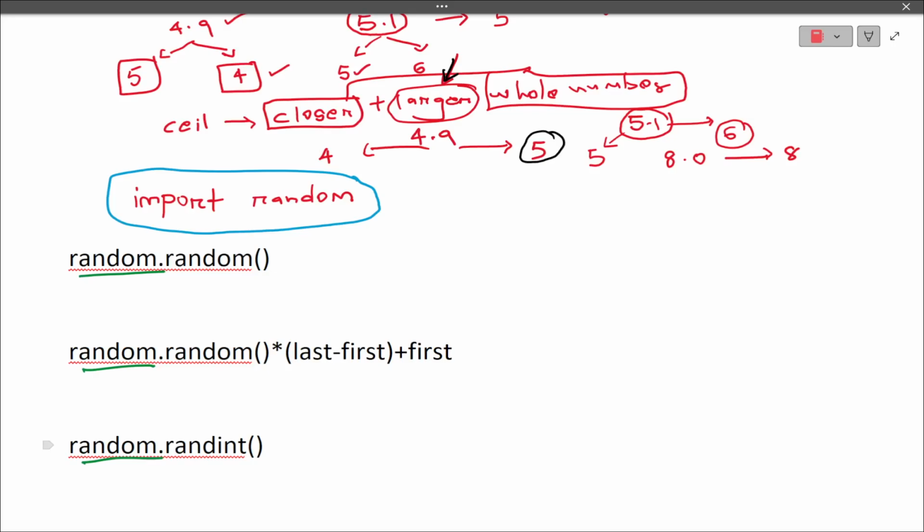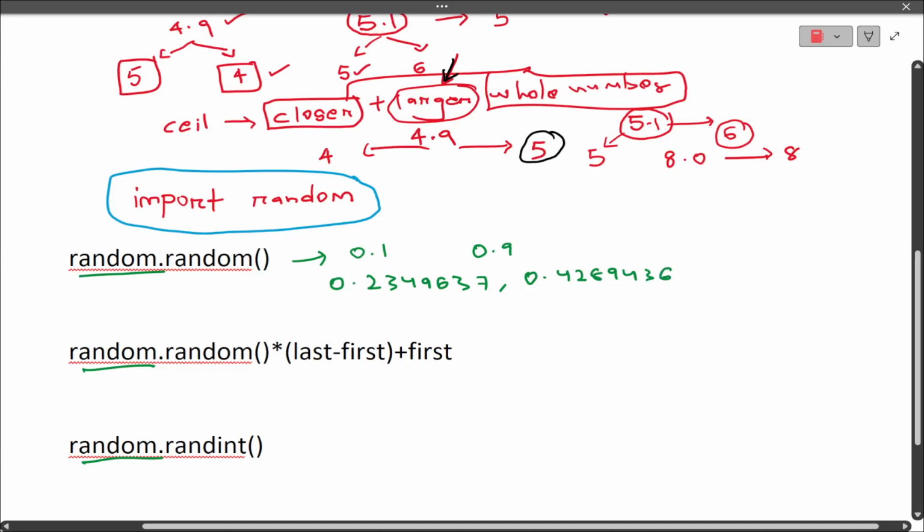If you use only random.random, it will be giving you random values starting from 0.1 to 0.9. Every time you execute random.random on any platform, it will give you random values, and big values too. Like the first time it might be 0.2394637, and the second time it will be giving me 0.42894336. This kind of long values are given by random.random.